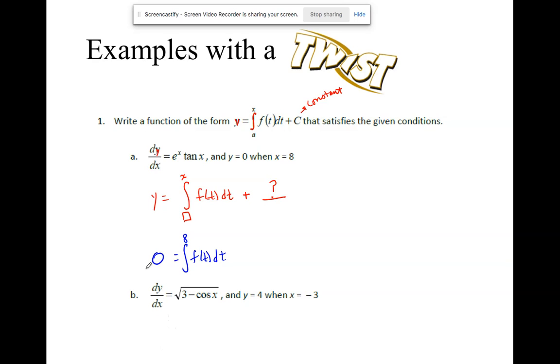Well, what's true about an accumulator that has 0? I mean, that is 0. Do you know any accumulators that are 0? How do you get an accumulator that equals 0?